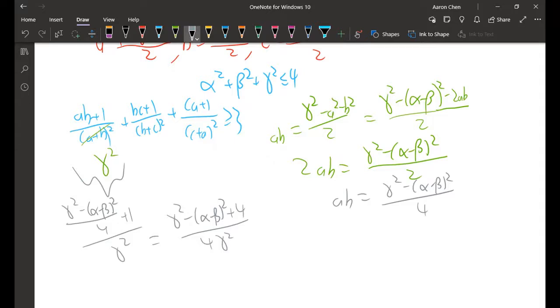And so if we repeat this, then we see that bc plus 1 is simply just alpha squared minus beta minus gamma squared plus 4 divided by 4 times alpha squared. And this finally is equal to beta squared minus gamma minus alpha squared plus 4 divided by 4 beta squared.